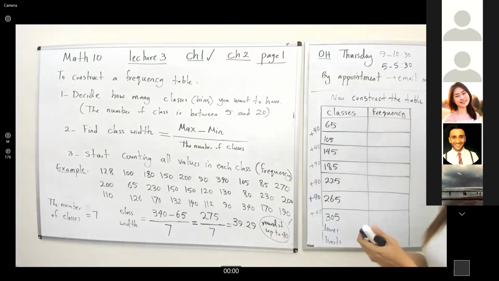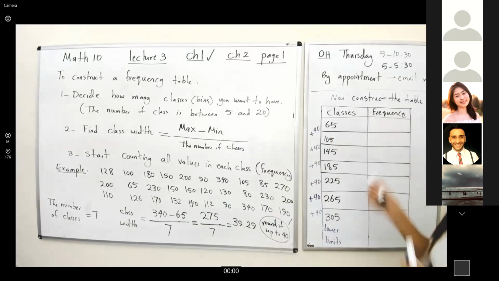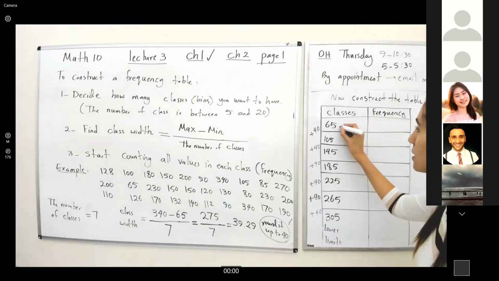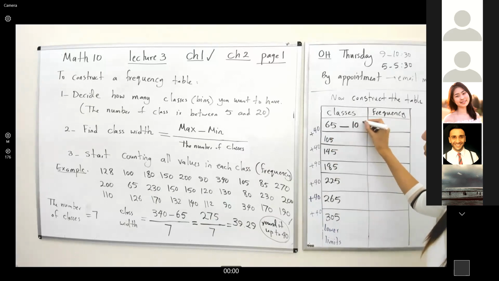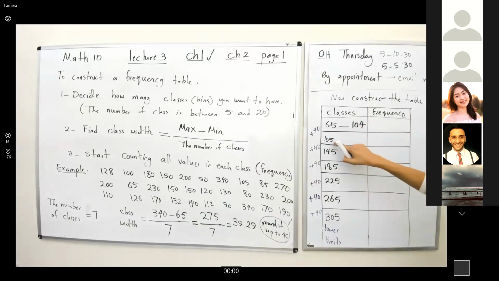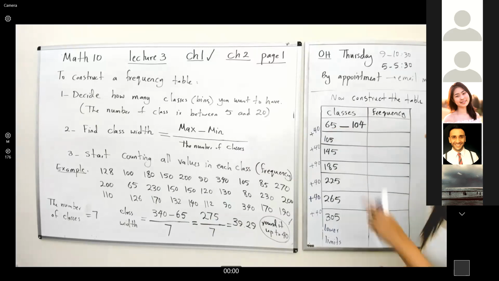What is the ending number for this class? So 65 to 104. See the difference between these two? This is my first class. It includes all numbers starting at 65, stopping at 104.